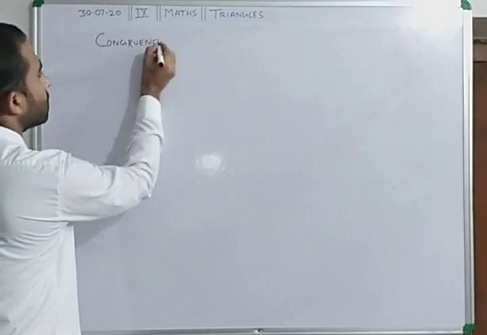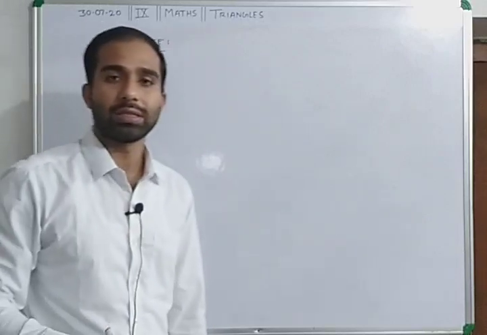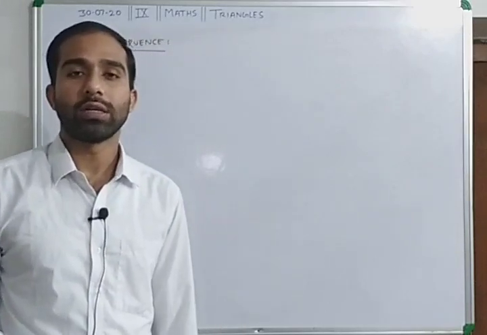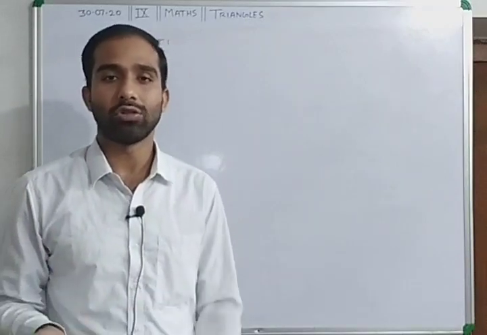Congruence. What is the meaning of congruence? Listen carefully. If two geometrical figures are exactly same in shape and size, it is said to be congruent.